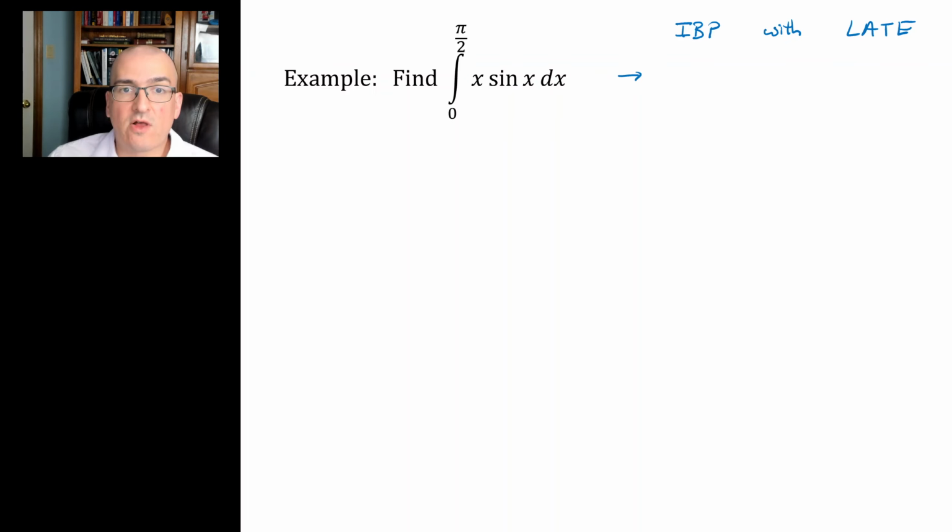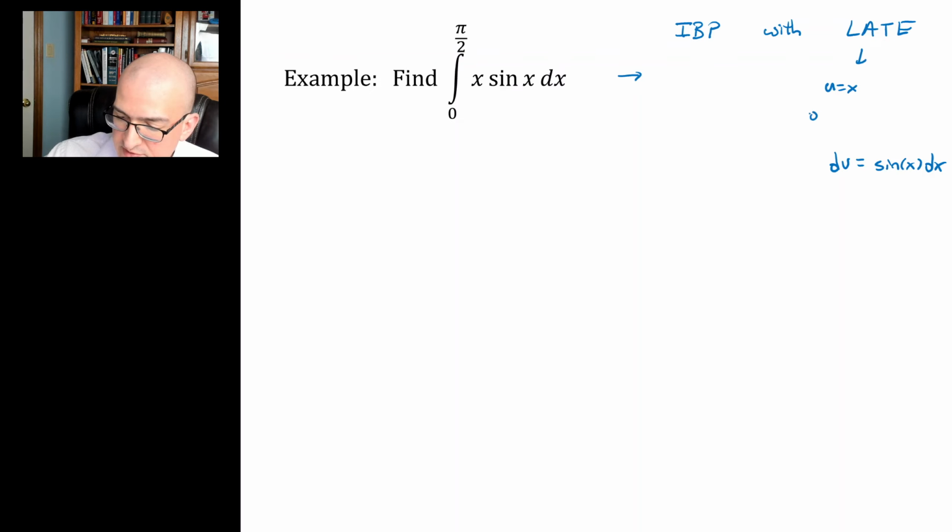We don't have any logs. We have a trig and we have an algebraic, but the algebraic A comes before the trig T. So that means u is equal to x and dv is equal to sine of x dx.